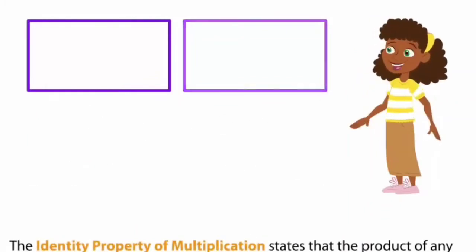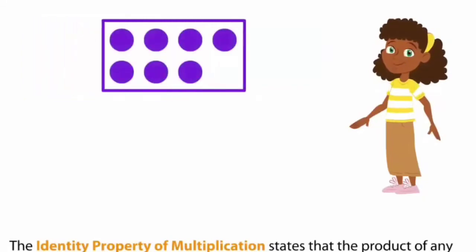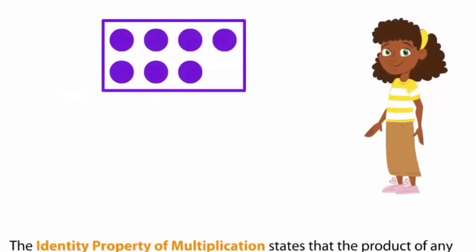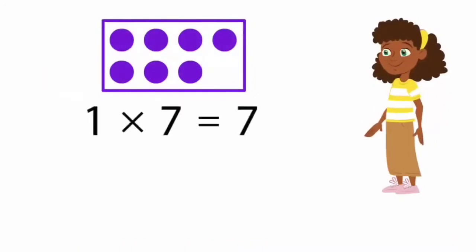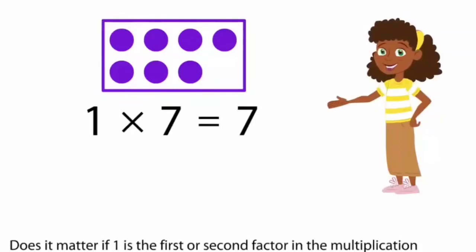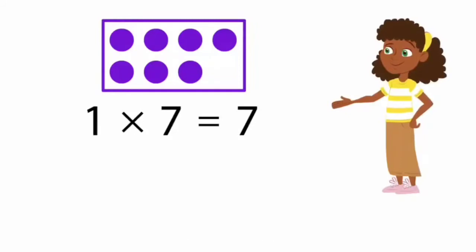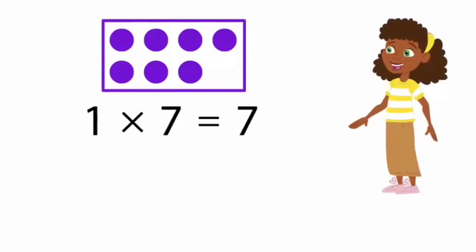The identity property of multiplication states that the product of any number and 1 is that number. One group of 7 can be written as 1 times 7 equals 7. Does it matter if 1 is the first or second factor in the multiplication problem? No, because any number multiplied by 1 is that number.